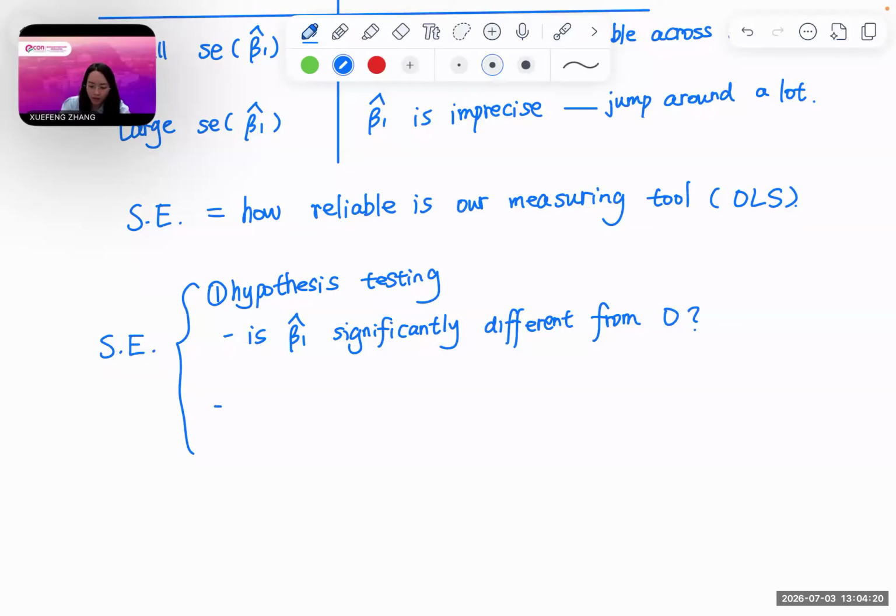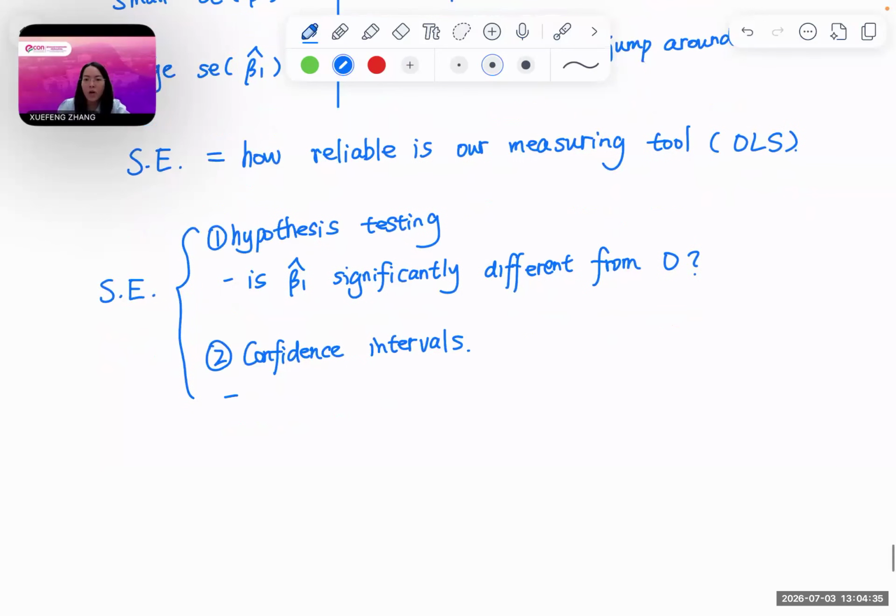And next one, we need standard error for confidence intervals. We learned this one from statistics, okay? For example, what is the range of plausible values for beta 1?